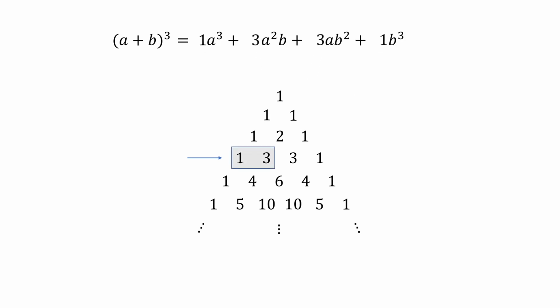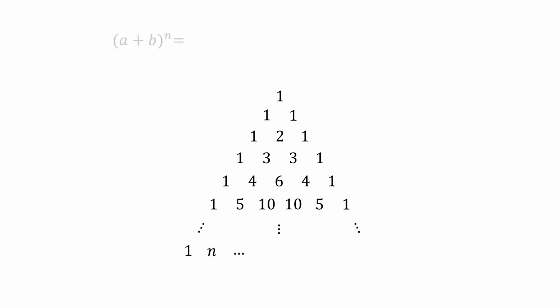Now notice that in the third row, the first number is a 1 and the second is a 3. This clearly holds true for the nth row, meaning that the first number is a 1 and the second is an n. So we can write a plus b to the power of n as follows. Where the triple dots are the rest of the expansion.